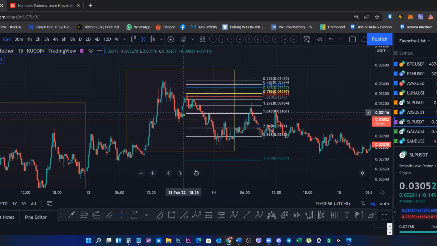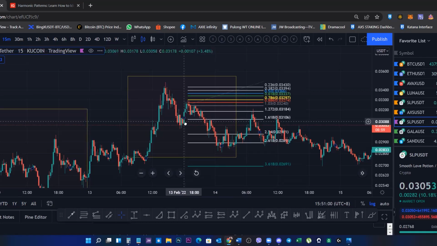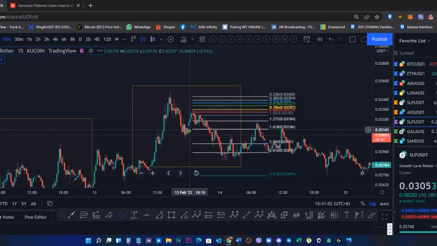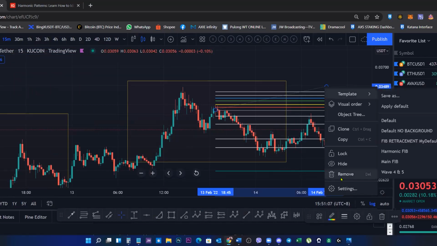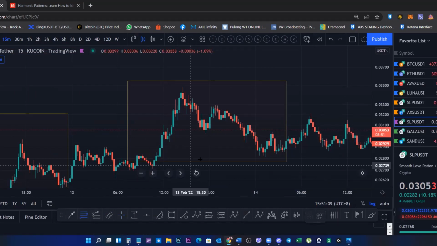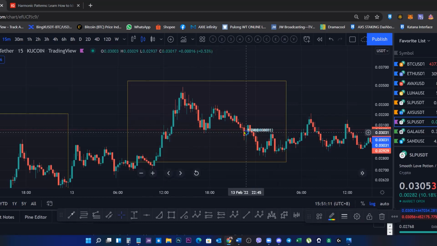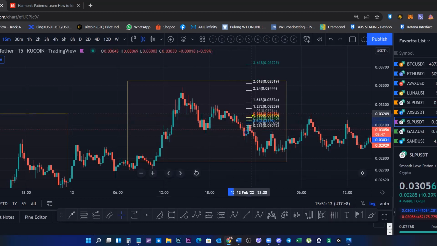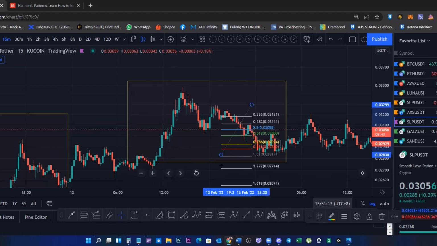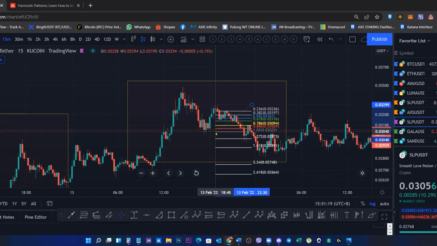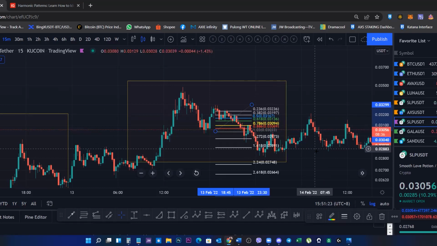From this point, so on, we'll remove now this FIB. From this point, okay, to this point. Okay, so see, it goes to between 1.618.